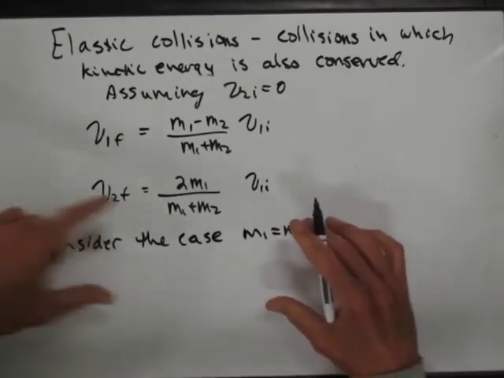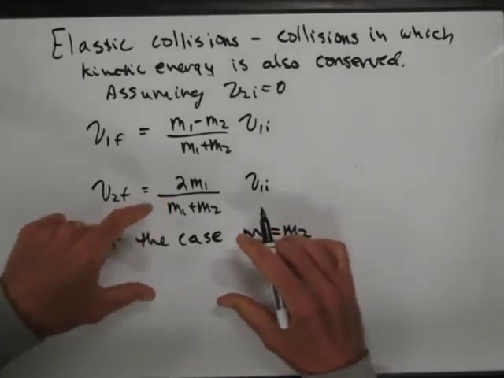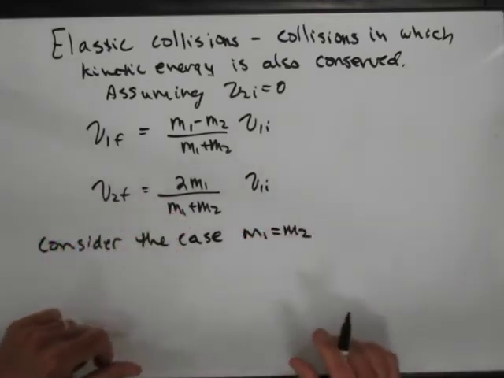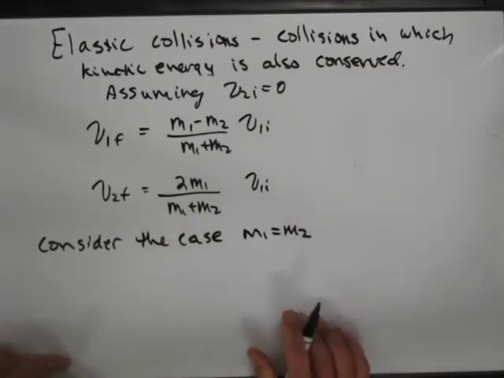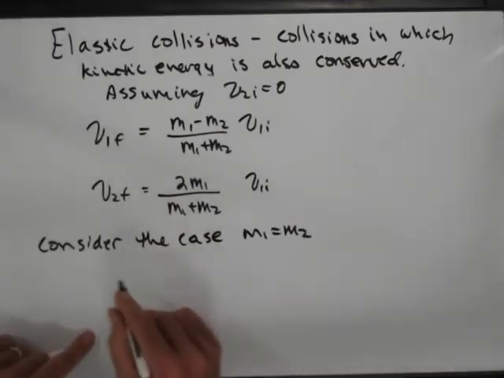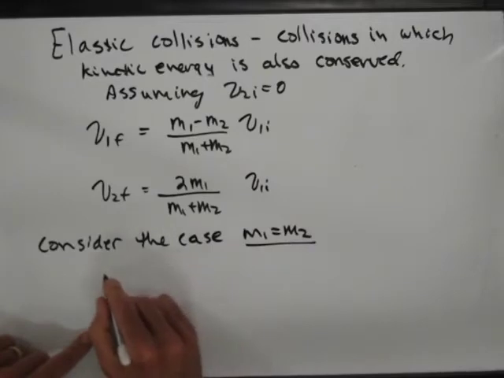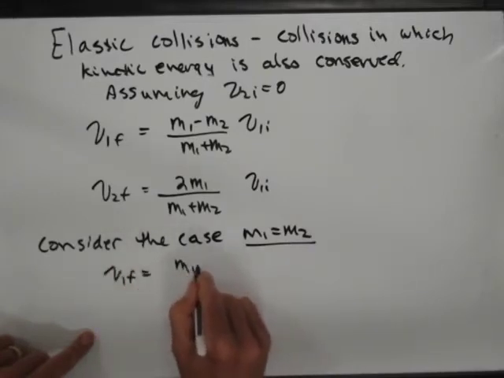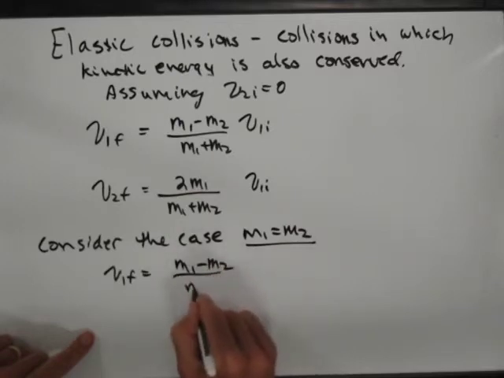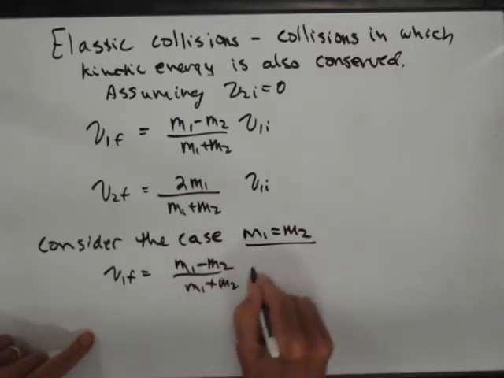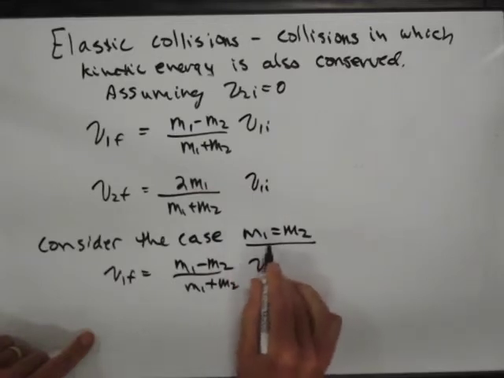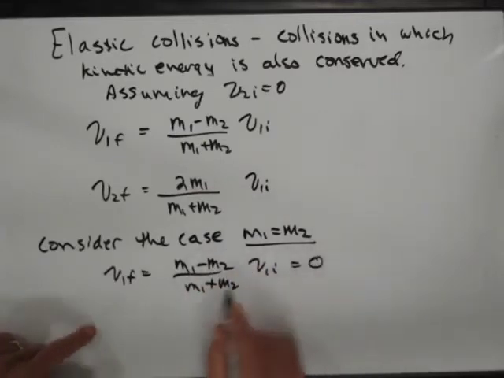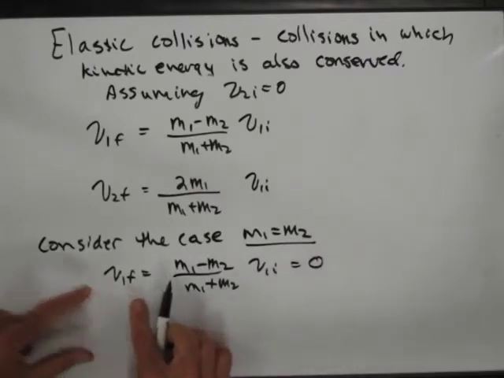That was the case where I rolled this cart in, and the first cart stopped, and the second one went off with about the same velocity as the first one had initially. And so, if you assume m1 is equal to m2, then v1 final is equal to m1 minus m2 over m1 plus m2 times v1 initial. But if m1 is equal to m2, then these two are equal, and that's just 0. And that's what we got when we rolled the cart in.